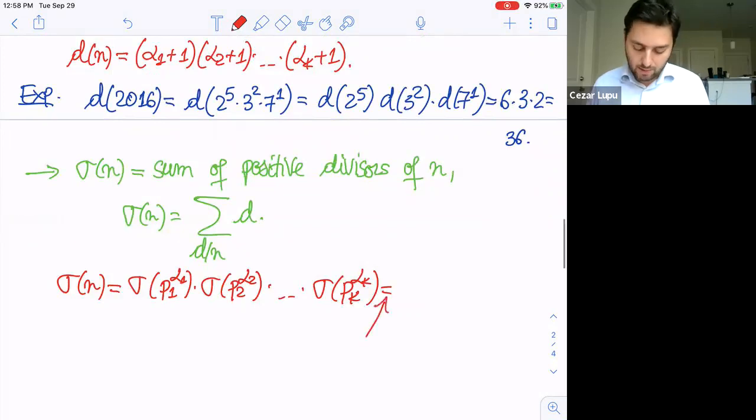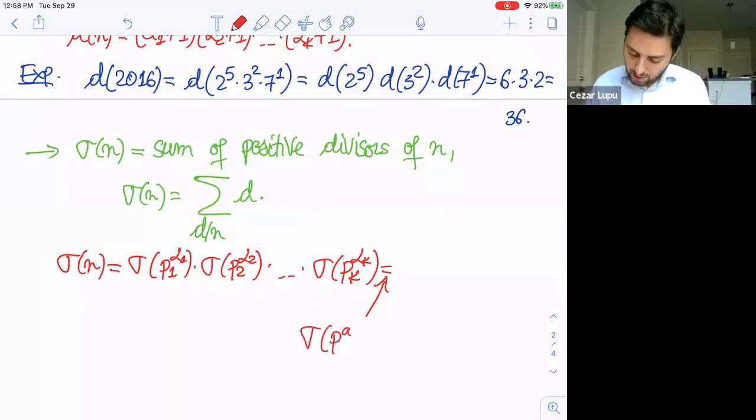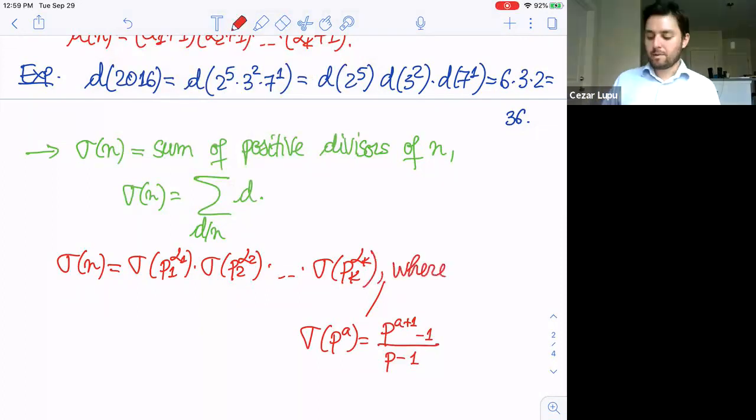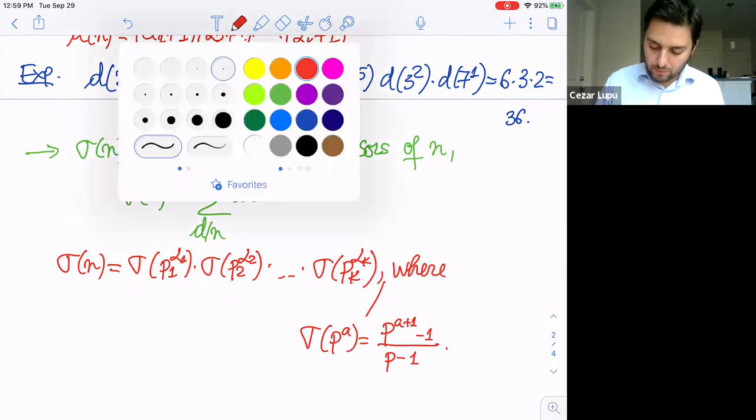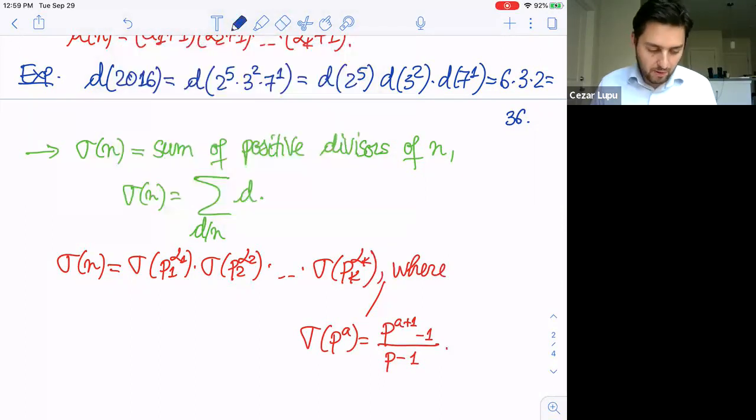Here I'm going to use the fact that sigma of p to the power a is p to the power a plus 1 minus 1 over p minus 1. We can compute this, and it will be this product. Anyway, this is the sum of divisors function.